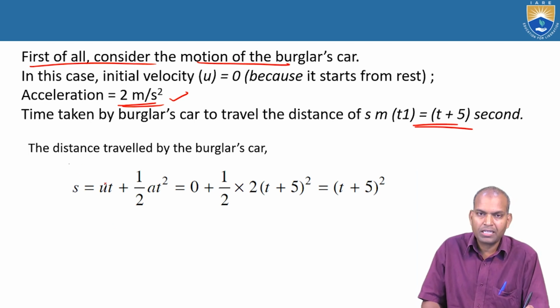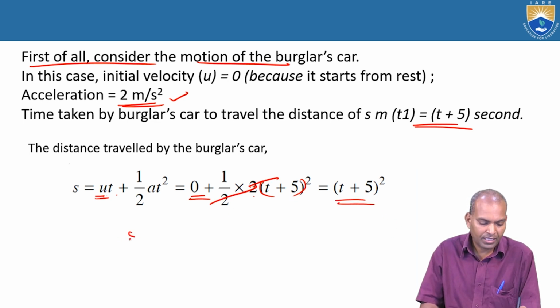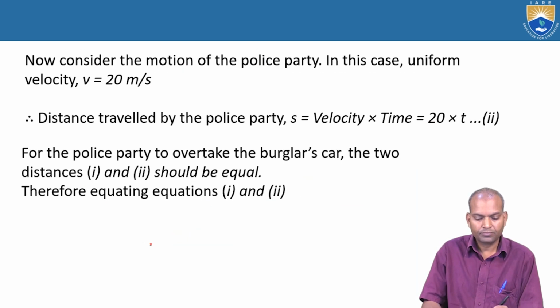The distance traveled by the burglar's car is s equals ut plus half at square, so 0 times t plus half times 2 times (t plus 5) whole square. After simplifying, s equals (t plus 5) whole square.